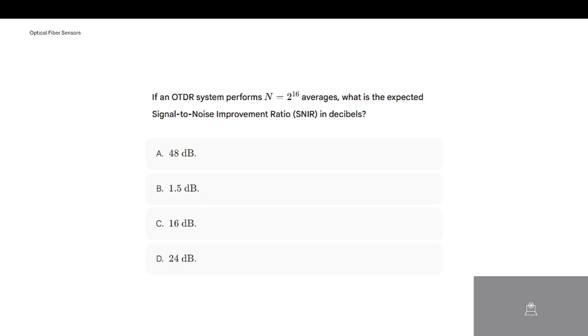Okay, so the correct answer here, we need to calculate. For an OTDR system which performs n equal to 2 to the power 16 averages, the expected SNIR in decibel we can calculate using SNIR equal to 1.5 log2 n.